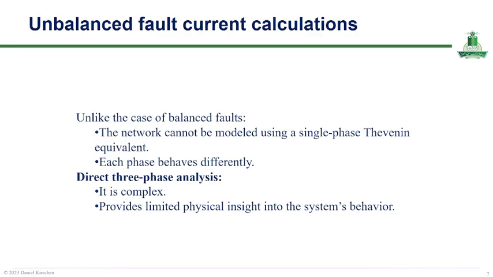Although direct three-phase analysis is possible, it is often complex and mathematically intensive, and it may not provide clear physical insight into the system behavior. As a result, more advanced methods can be used to simplify and better understand unbalanced fault conditions.